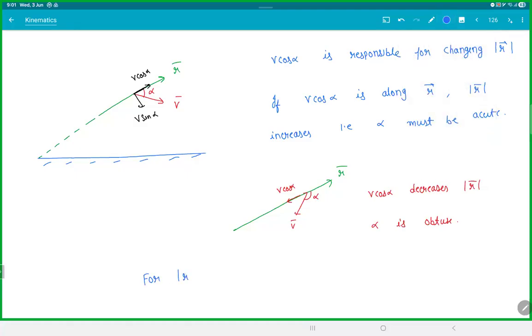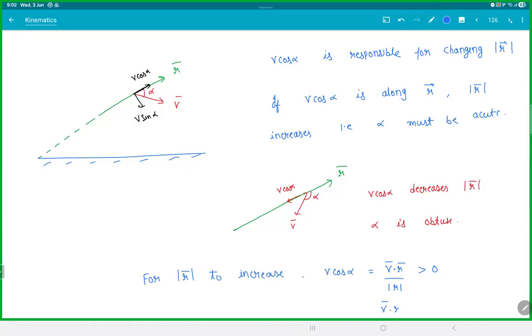So for mod R bar to increase, alpha must always be acute, which means V bar dot R bar divided by mod R bar is always greater than zero.